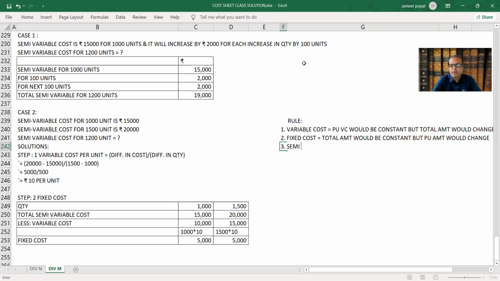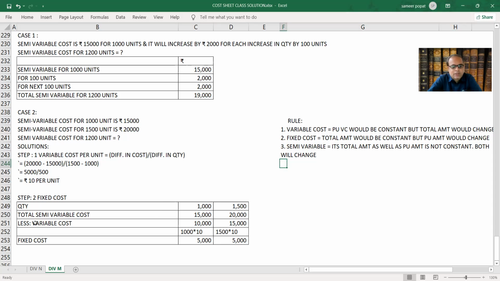Third, for semi-variable or semi-fixed, its total amount as well as per unit amount is not constant. Both will change. So that is the nature of semi-variable.